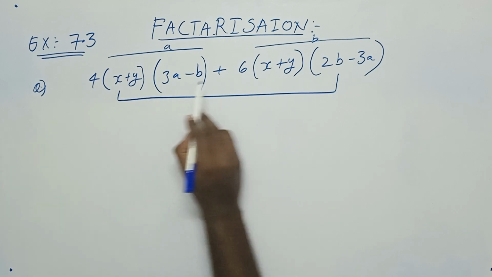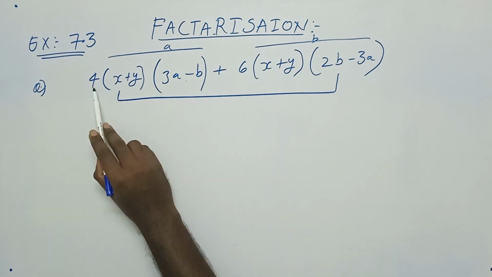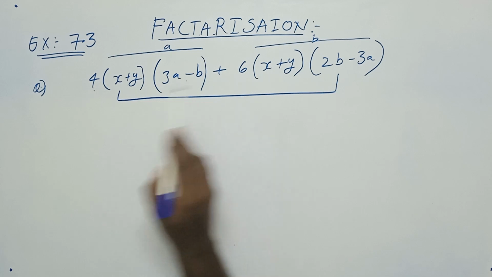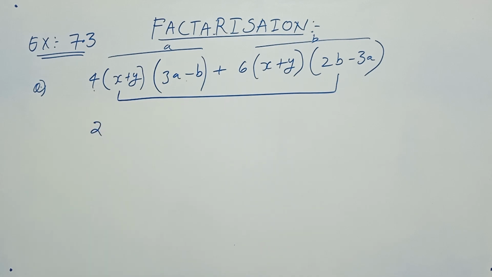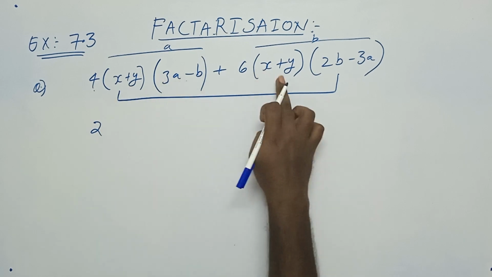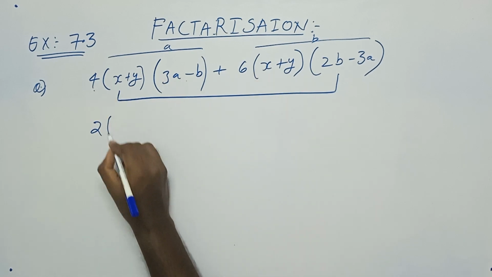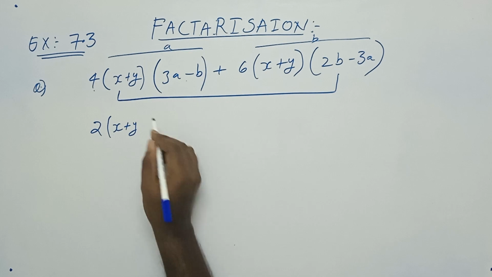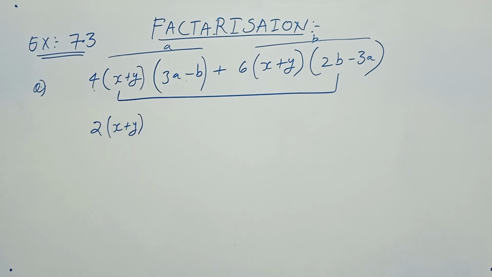So this will be one term and this will be another term. What is the HCF of 4 and 6? 2 is the HCF. For x plus y, the HCF is x plus y.